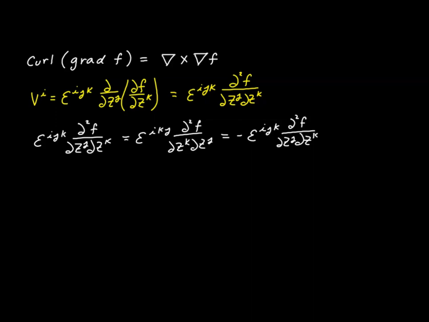And now, of course, we have the classic case of this term being equal to its additive inverse, which means that the expression has to be equal to 0. The only way that an expression can be equal to its own additive inverse is if it's equal to 0. And that in turn means that our curl of the gradient of f is equal to 0.